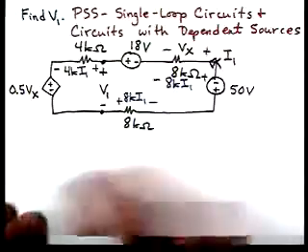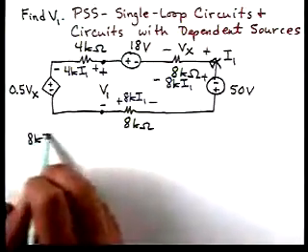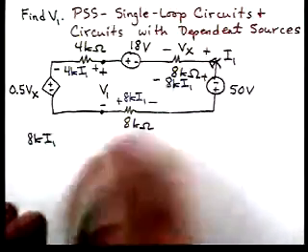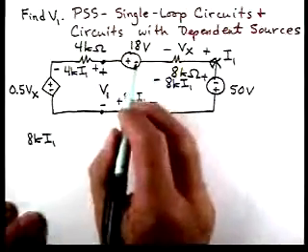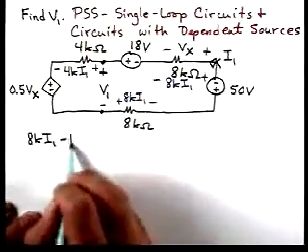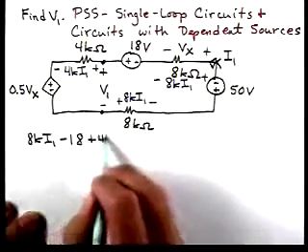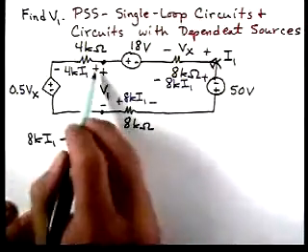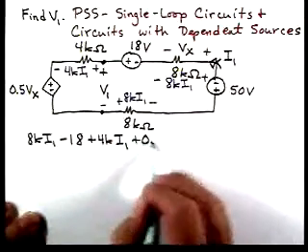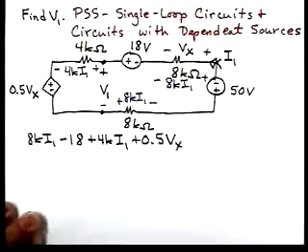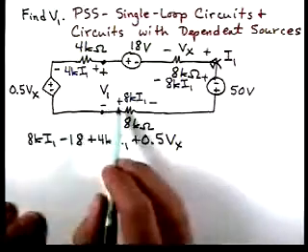So our first term here will be 8K I1. Drop there. Coming along here, we hit the minus sign. That's a voltage rise, so we write it as minus 18 plus 4K I1 plus 0.5 Vx. Come back around to here.